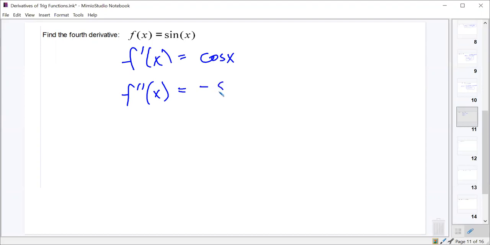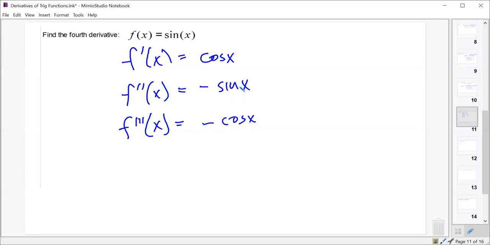Negative sine x. Okay. And what's the derivative of that? Remember that that -1 in front is just a constant. Negative cosine x. Yep, negative cosine x.